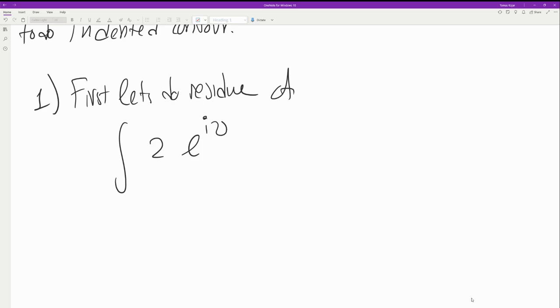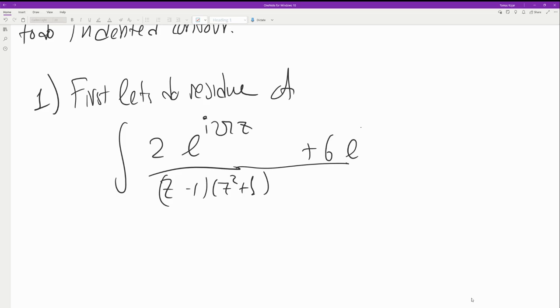So e to the i 2 pi z over z minus 1, z squared plus 1, and the other integral as well, plus 6 e to the i 2 pi z dz.